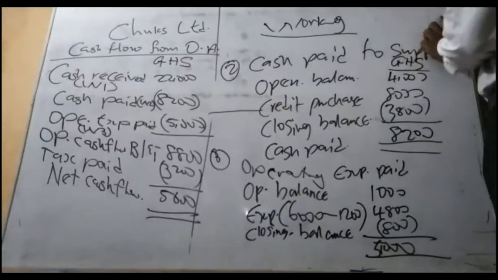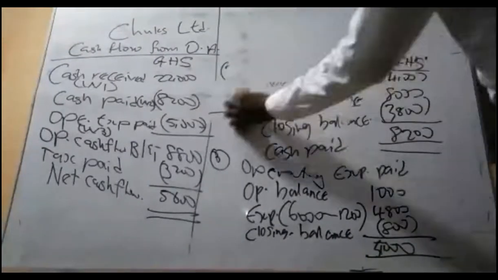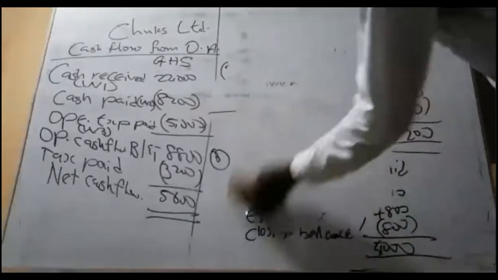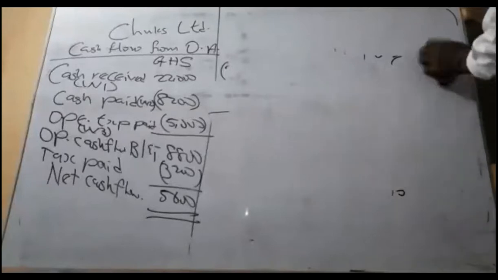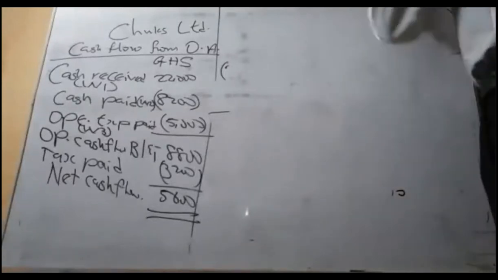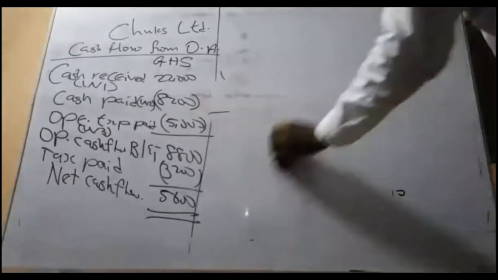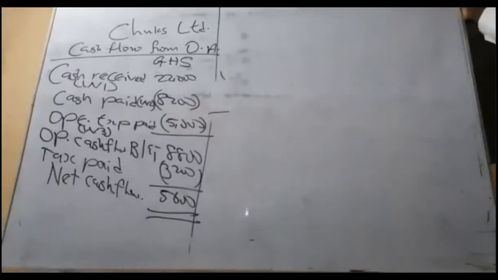The indirect method here. Indirect method. Great. With the indirect method, as the name suggests, we are going to pick profit before tax or one of the operating profits and massage the profit.